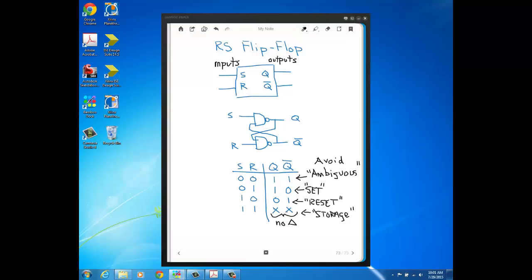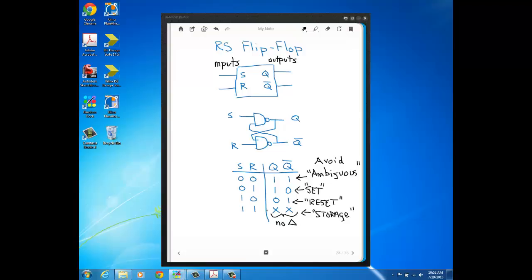And if the outputs remain the same for that time lapse, that means I'm retaining or remembering information from a previous time, and that's what storage of data is. Storage of data is when your output or outputs remain the same for some given change of input.